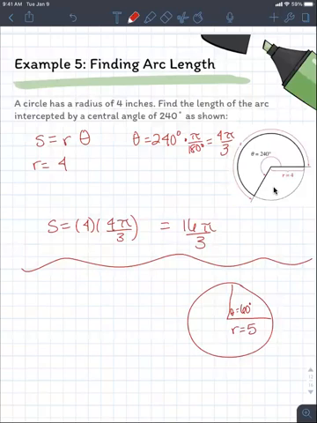So theta is 60 degrees and the radius is 5. Feel free to privately message me the answer in the chat when you get it. In case you can't see, the theta is 60 degrees, but you're going to need to change it to radians.